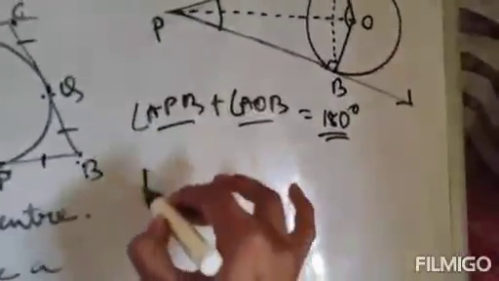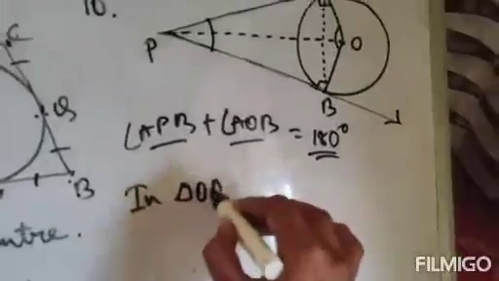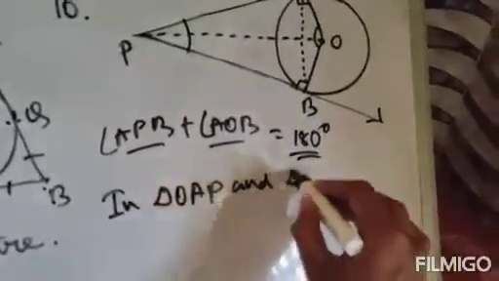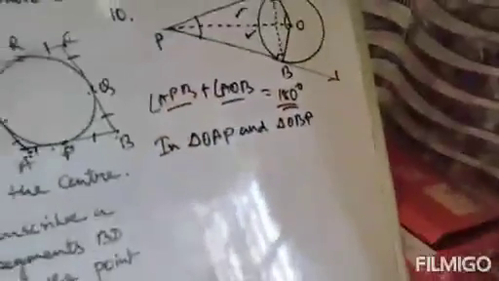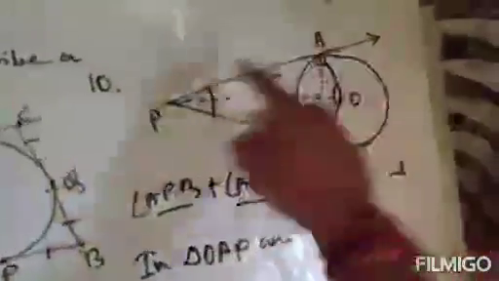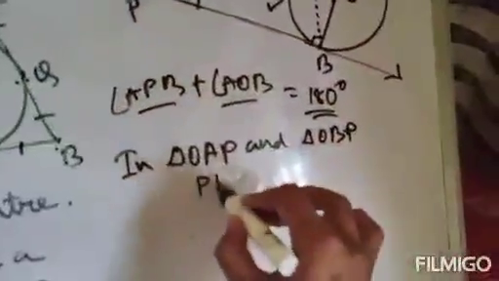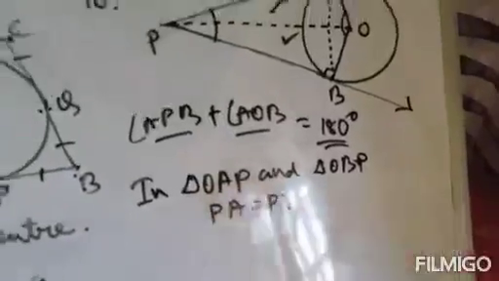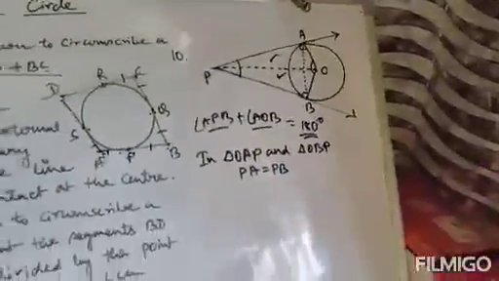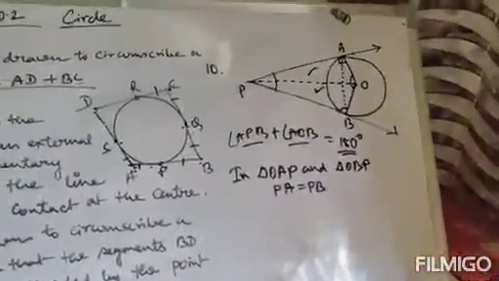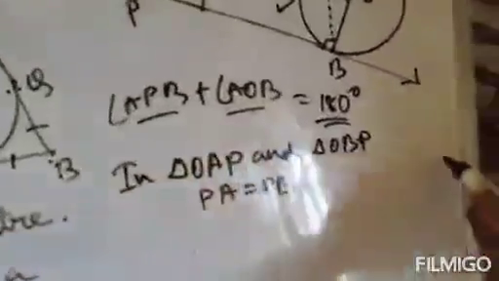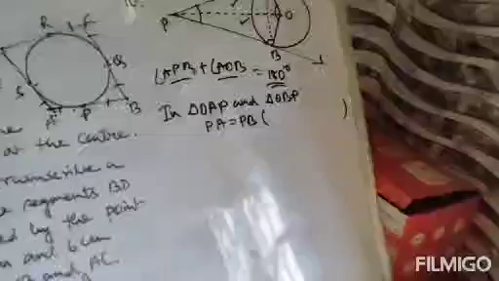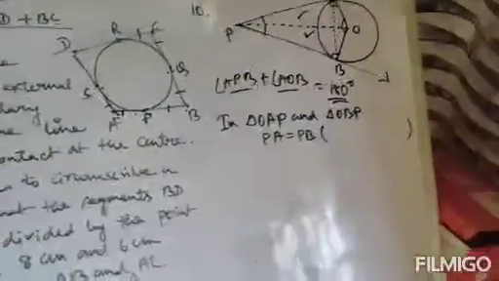Clear? Now write, in triangle OAP and triangle OBP, that means these two triangles, OAP and OBP, PA equals PB because the lengths of tangents will be equal. If we draw two tangents from an external point, the lengths of tangents will be equal. That is the theorem. So PA will be equal to PB. Just write the reason in the bracket: lengths of tangents drawn from an external point are equal.